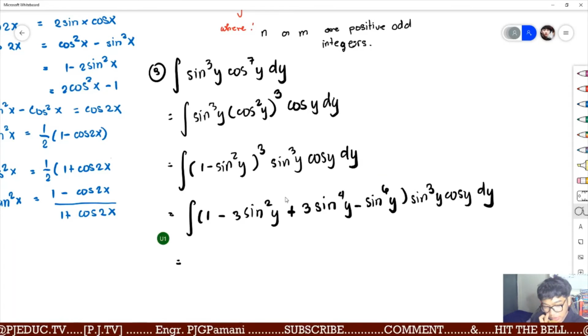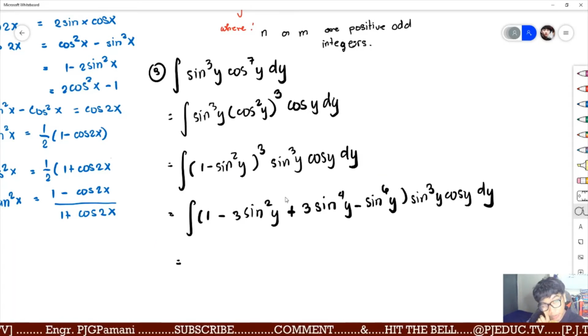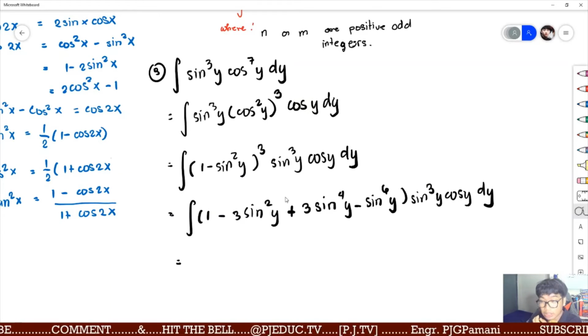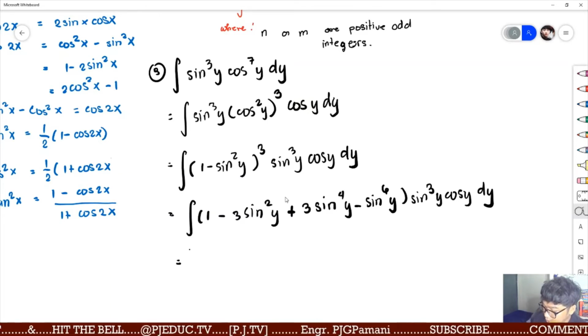Ngayon, mapapansin nyo, if I distribute sine cube cosine y dy, magkakaroon na tayo ng similarity of terms. Distribute natin yan.